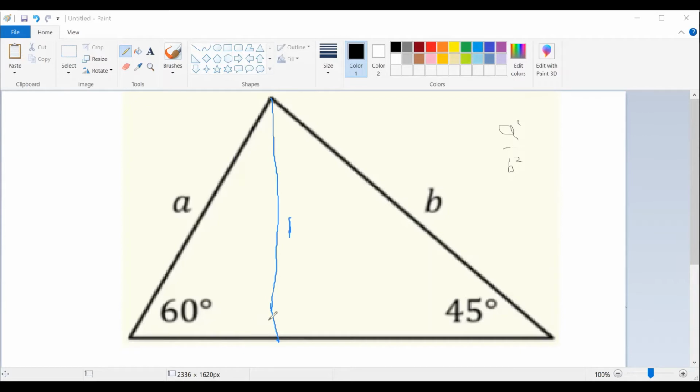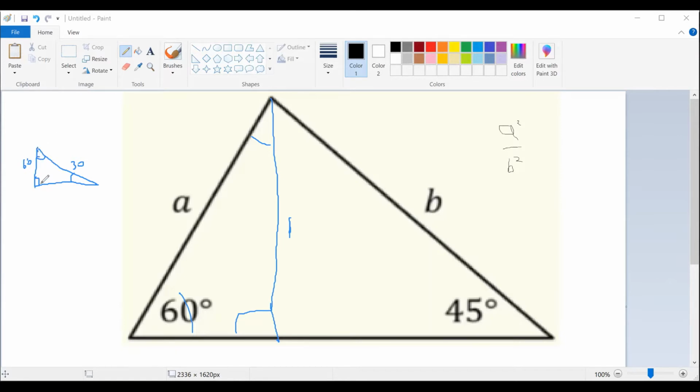Since we know this is a 30, 60, 90 triangle, we know that this is a special triangle. If you don't know what a special triangle is, it's basically a triangle with 30, 60, and 90 as the angles. Then you get some ratios between the lengths of the sides.